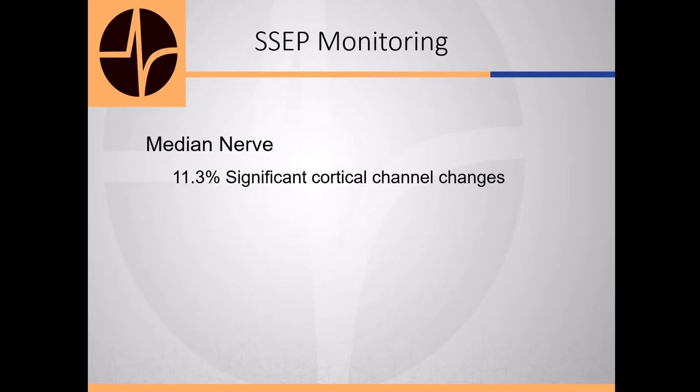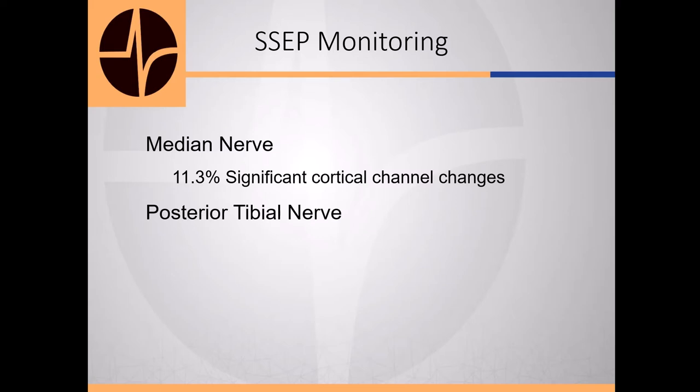Median nerve changes are according to the diagnostic value of somatosensory evoked potential changes during carotid endarterectomy, a systematic review and meta-analysis, and this was done at the University of Pittsburgh, 4,557 patient cohort, and Dr. Jeff Balzer was the second author on this. So if any of you know Jeff, he'll talk your ear off on this.